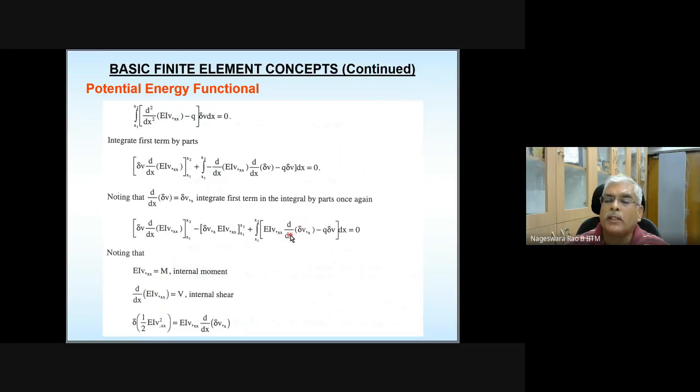And if you go back to your variational concepts, this term is nothing but the variation of half EI times the square of the second derivative of V with respect to X. So please take a note of this.